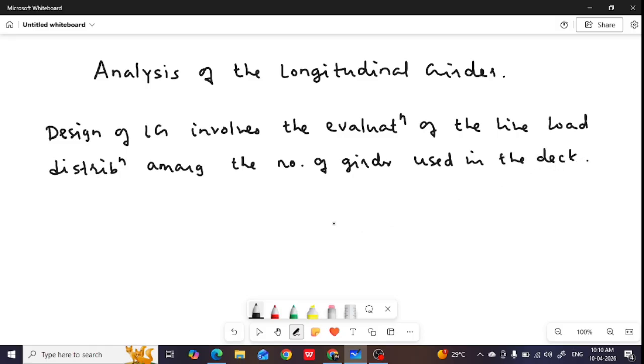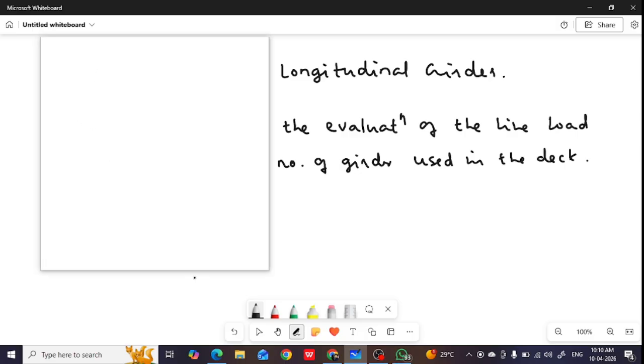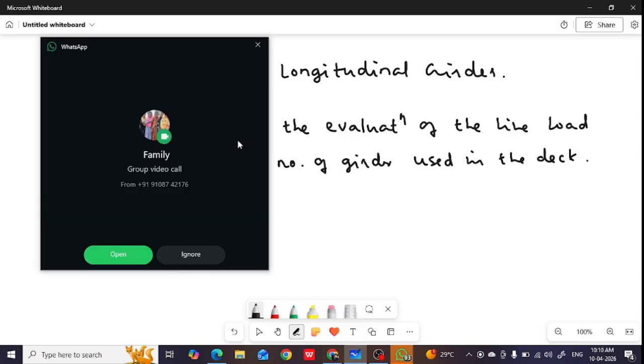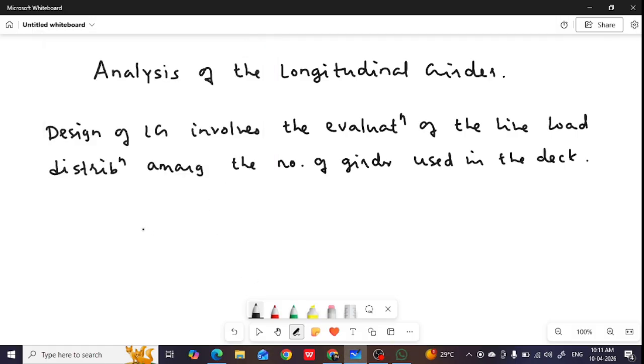So with three or more girders, the load distribution is estimated by the following methods. There are three methods by which the live load distribution can be calculated. See, the live load is acting on the deck and the girder is below the deck, so we need to distribute what is the live load on a particular girder. Okay, so there are three methods.